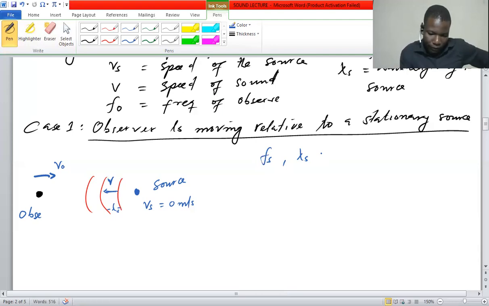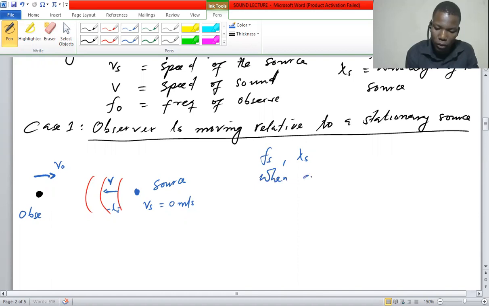Okay, so now when stationary, the velocity of the observer and the velocity of the source will be 0.